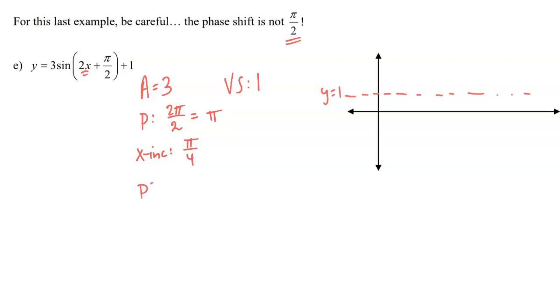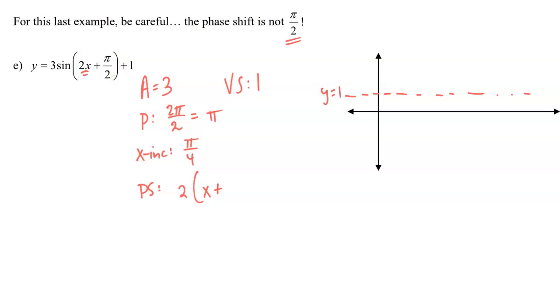And now finally, the phase shift. And again, like I said, you have a choice. You can either factor out b, which in this case is 2, or you can set the parentheses equal to 0 and solve for x. It does not really matter. If you factor out the 2, then this will be x plus pi over 2 divided by 2, which is really just the same thing as saying pi over 2 times 1/2.